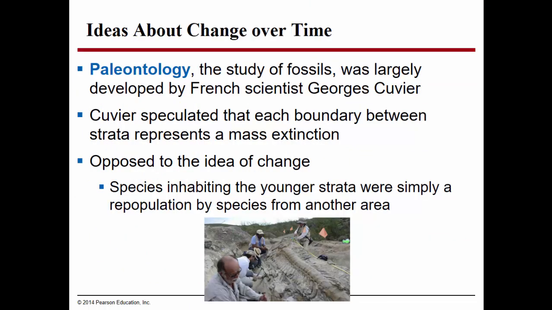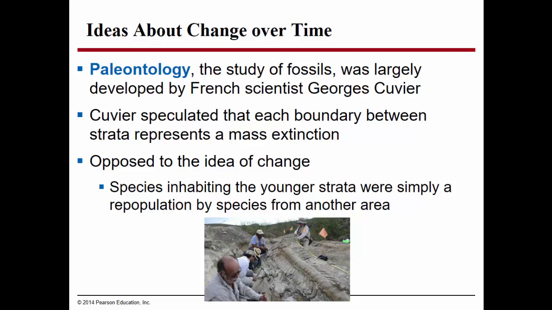The science of the study of fossils is called paleontology. Before Darwin's time, a scientist named Georges Cuvier developed this field. He thought that each boundary between the different strata, or the layers of sedimentary rocks, represented a mass extinction.